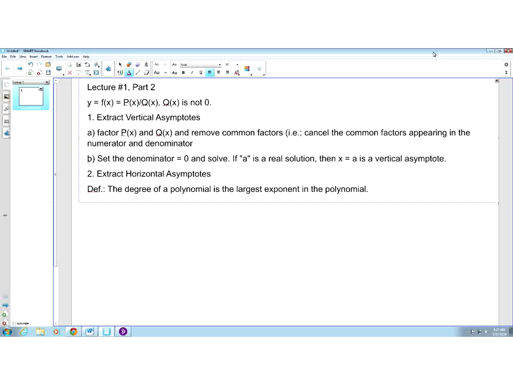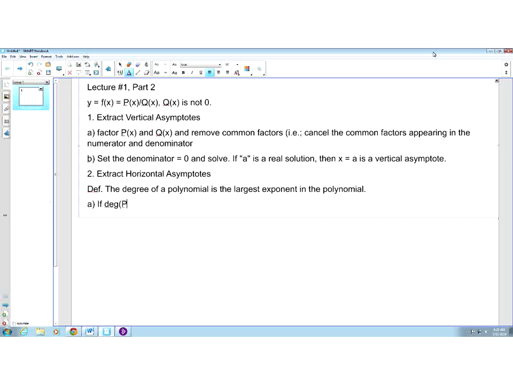Okay, so with that in mind, to investigate the presence of horizontal asymptotes in your rational function, the first thing we do is this.